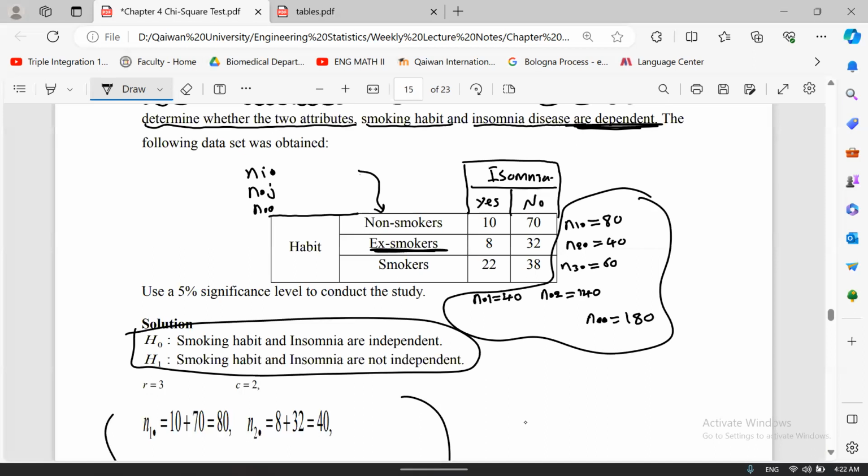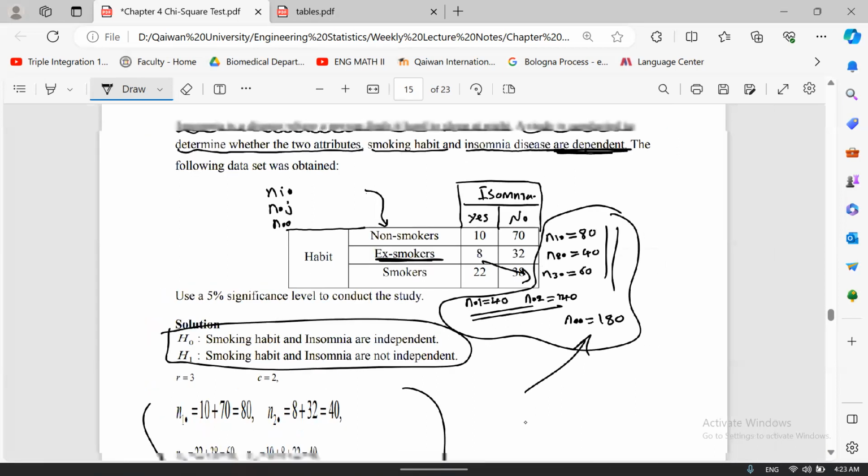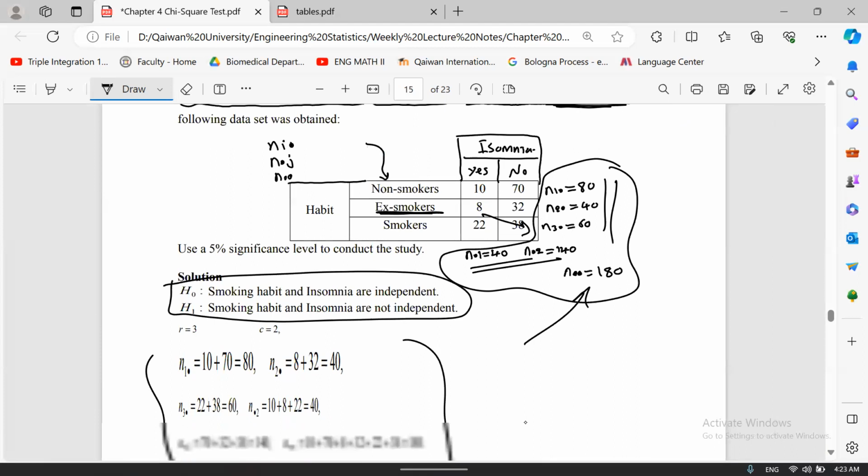Any of the expected frequencies can be obtained by multiplying two of these, one from the rows and one from the columns, and dividing by N double dot, based on the indices.